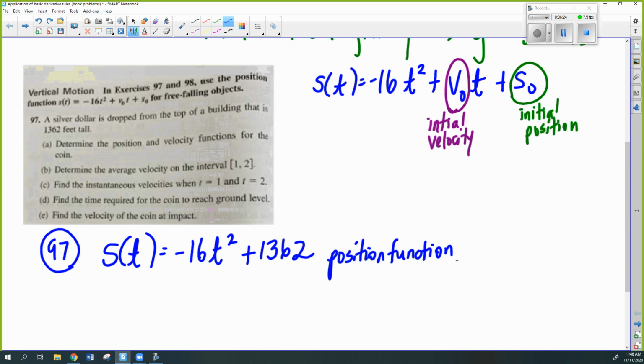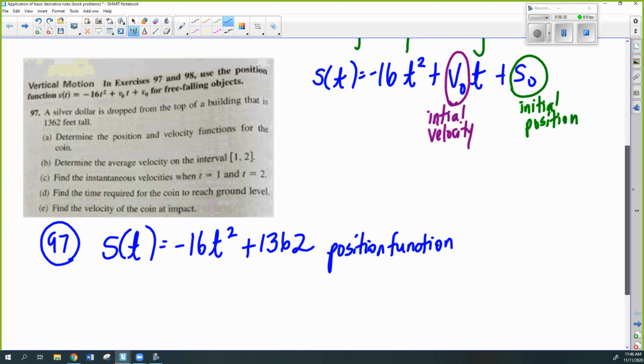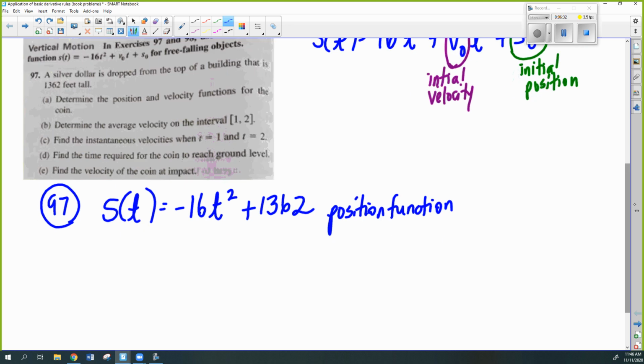Then it says also determine the velocity function. Well, what's the connection between position and velocity? Okay, so velocity is the derivative of position. So now you know how to take the derivative of that function without a calculator or anything.